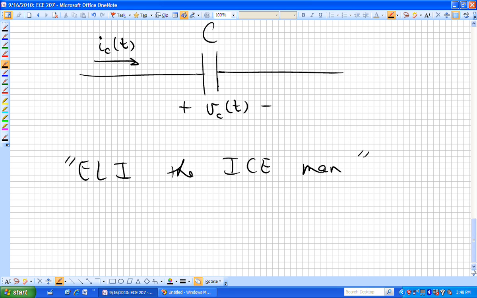ELI is related to our inductor. ICE is related to the capacitor. I is like I. L is my inductor proportionality constant. C is the capacitor, but E is the old school version of voltage, electromotive force, instead of V. So it's ELI the ICEman, okay? So this is like V. This is voltage.